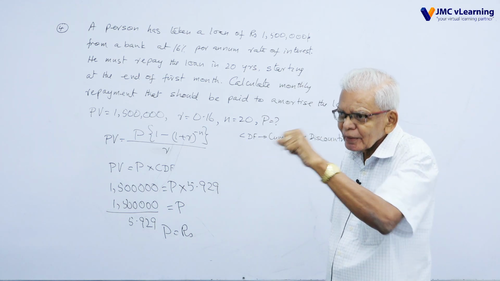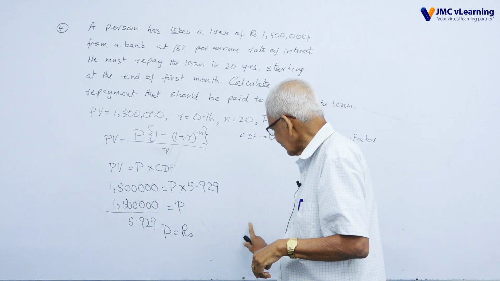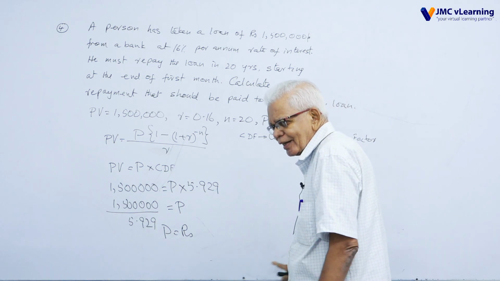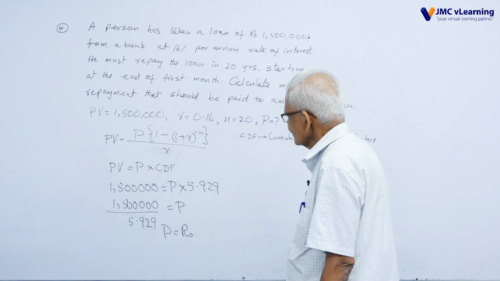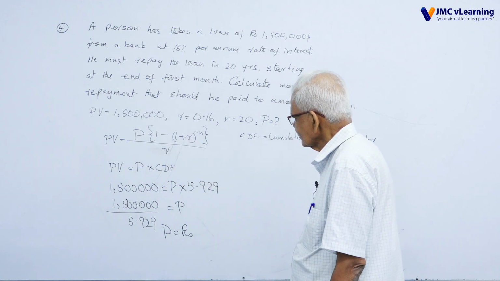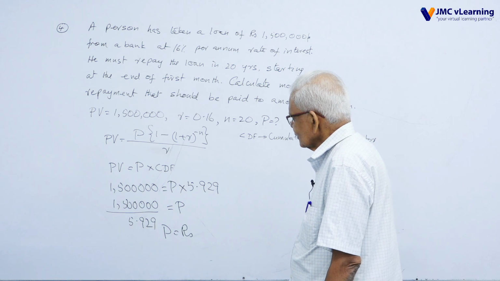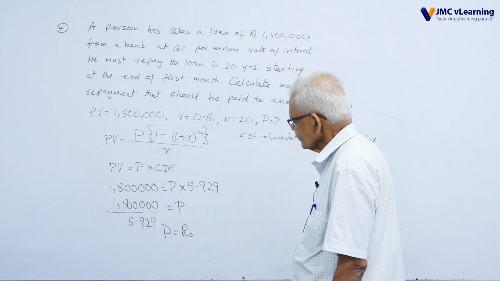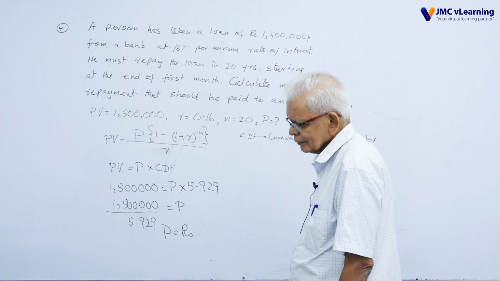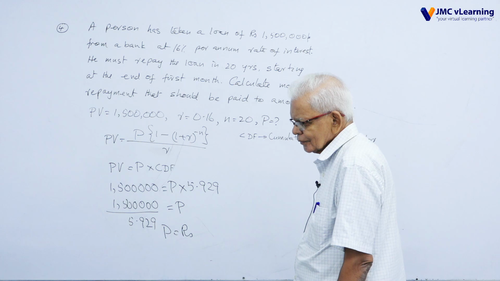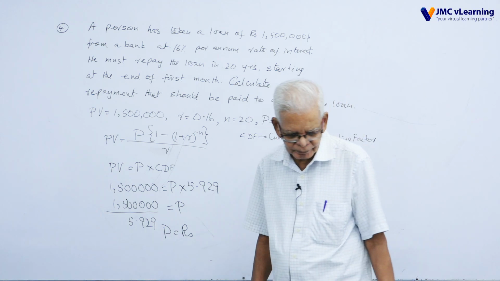That is the annual repayment. Within brackets, write down annual repayment. The monthly repayment is that divided by 12. So you can use that cumulative discounting factor, and you can save a little time.